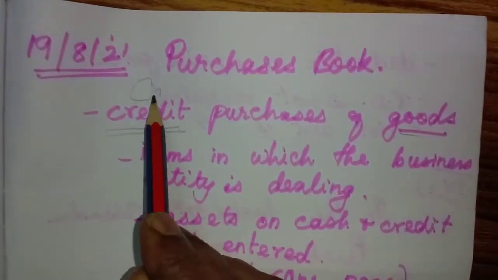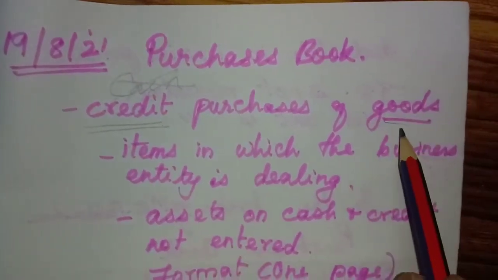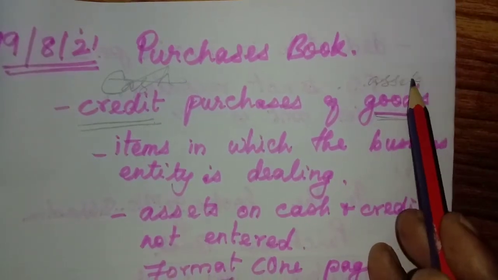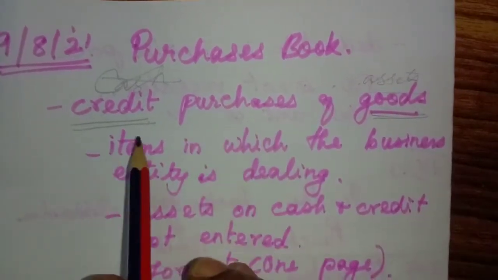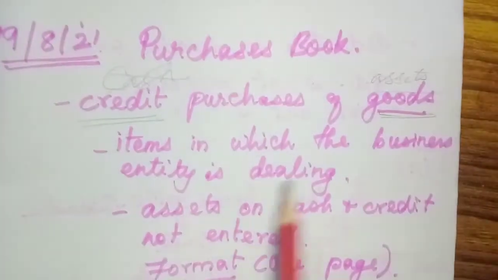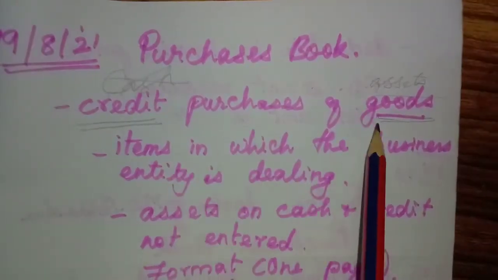So cash purchases will not come, and only the goods, not the assets. Any assets if we purchase, we should not enter. Cash purchase and credit purchase of assets we should not enter, but only the credit purchases of goods.